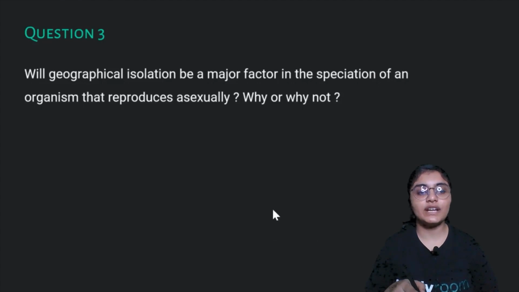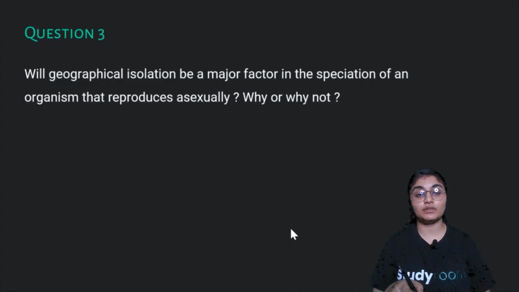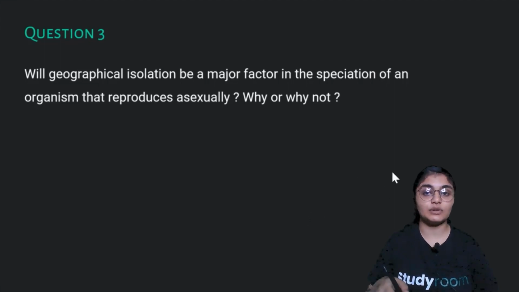Now, the next question that we have is, will geographical isolation be a major factor in the speciation of an organism that reproduces asexually? Why or why not? Geographical isolation cannot be a major factor in the speciation of an asexually reproducing organism, also because it does not require any other organism to carry out reproduction.